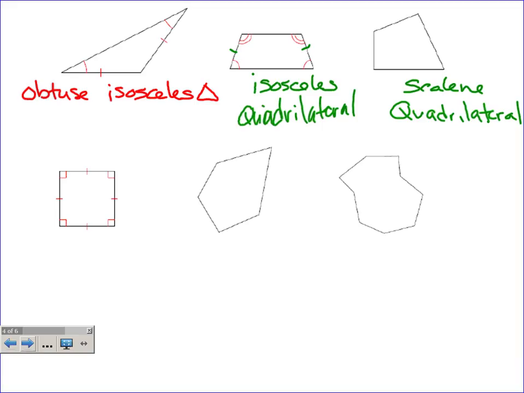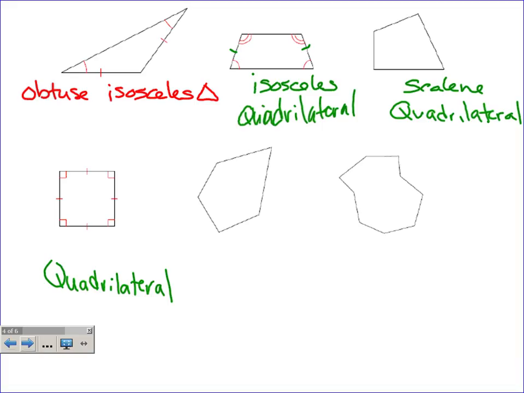Claire, what about this one? Not isosceles, because all four sides are congruent. Definitely quadrilateral. We know it's a square, but we haven't learned it officially in here yet. All four sides are the same.